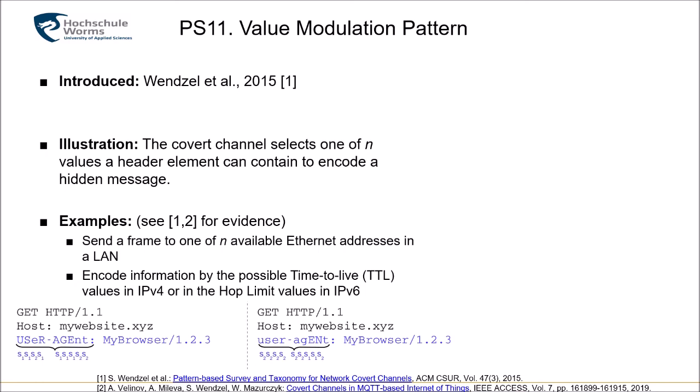So you select one of the n hosts to signal your hidden information. You could also encode information by the possible TTL values in IP version 4 or in the hop limit of IP version 6, while you should not select implausible values. For instance, most TTL values are not larger than 128.